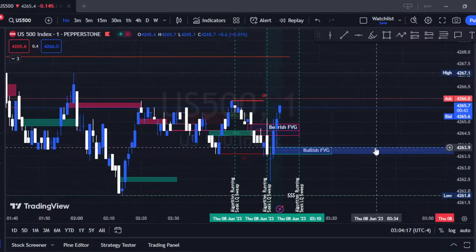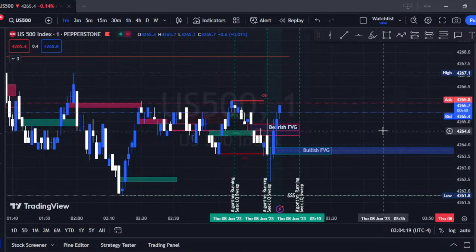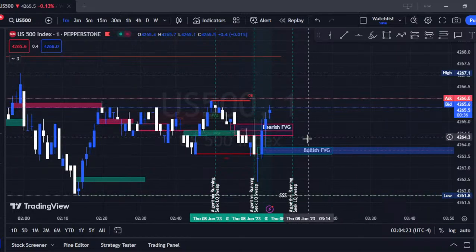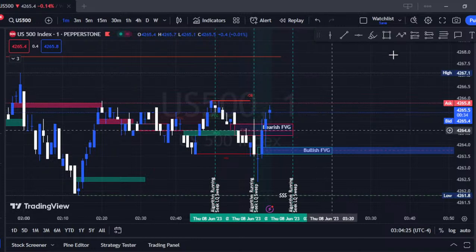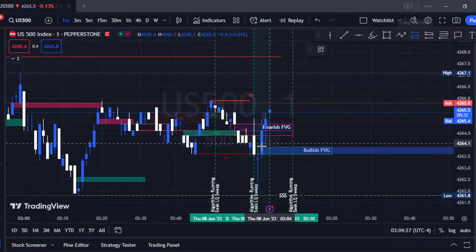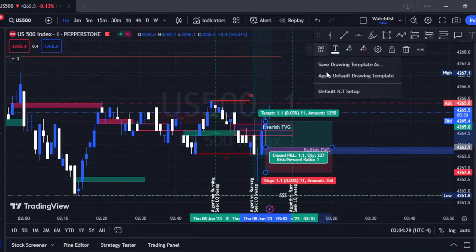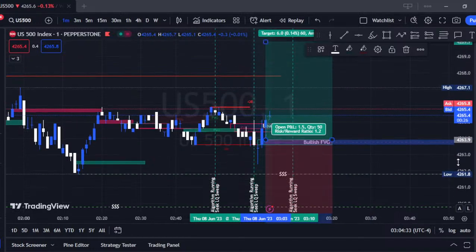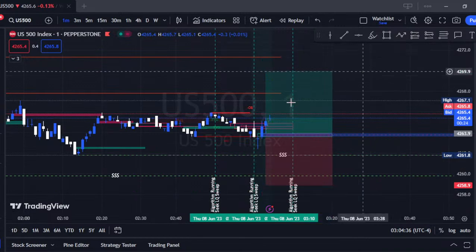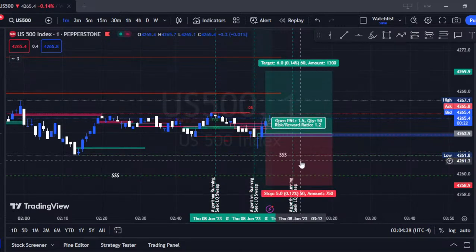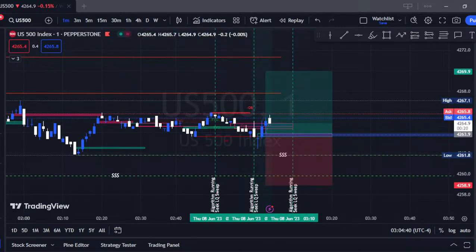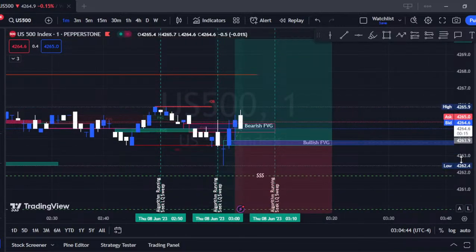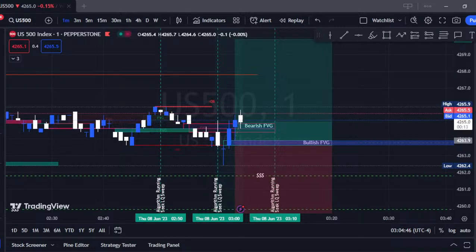I think we can do the limit here or the instant execution, but I will wait a bit more just to see if the price can go back to the FVG. Okay, here it looks like price is going down. I'm going to enter here.